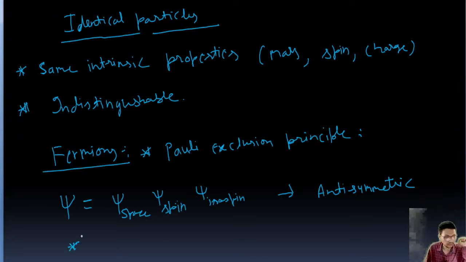Fermions have half integral spin, which means the spin of fermions is 1/2, 3/2, 5/2, 7/2, and so on. So they have half integral spin.